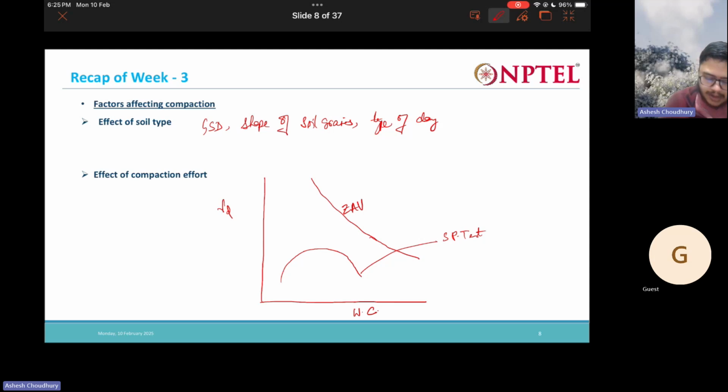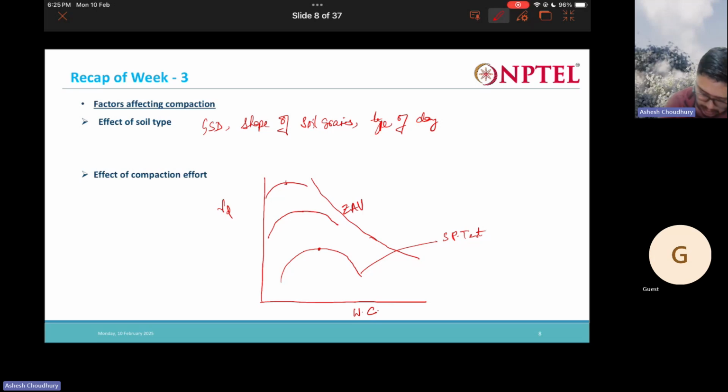Now when you do a heavy compaction test, means you increase the number of layers, and you increase the number of blows per layer, then the curve is going to shift left and up, means the maximum dry density point is going to shift left and up like this. Now it will be here. Similarly, as you go on increasing the compactive effort, it will go like this.